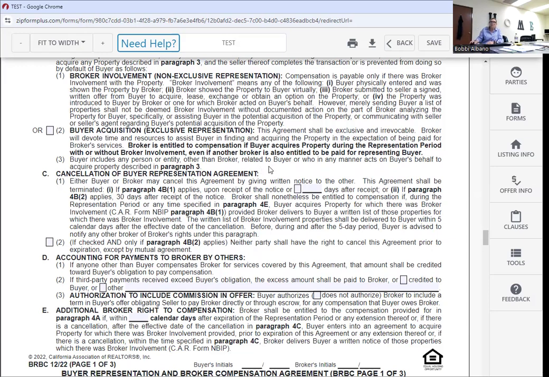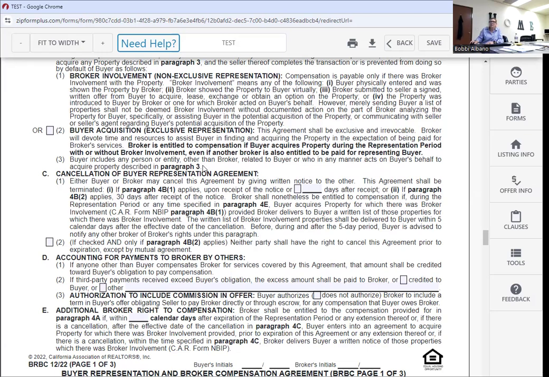So if the buyer has somebody else buy the property on his behalf, that would also... you know what, this is a little confusing.